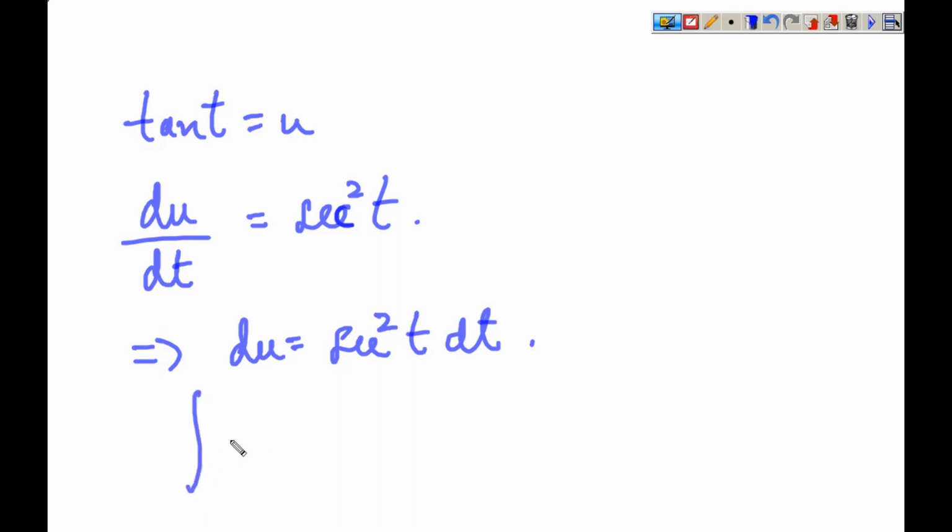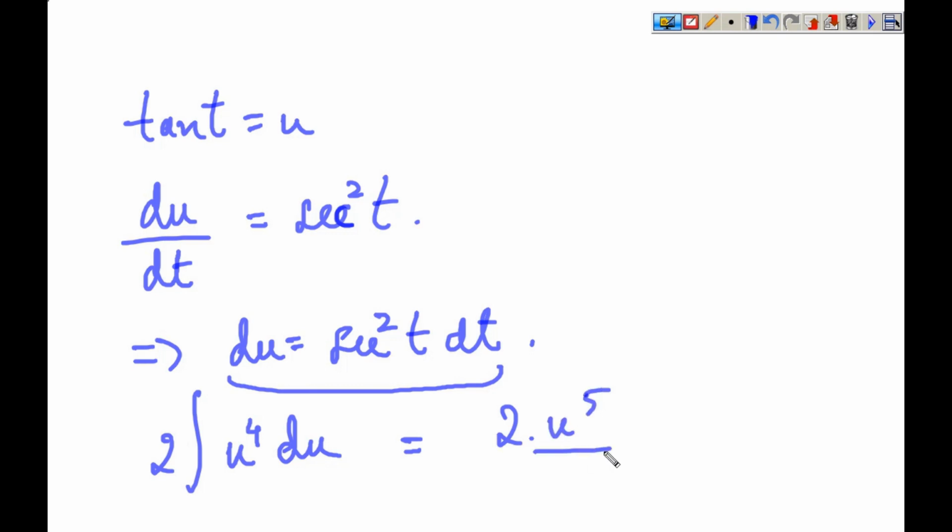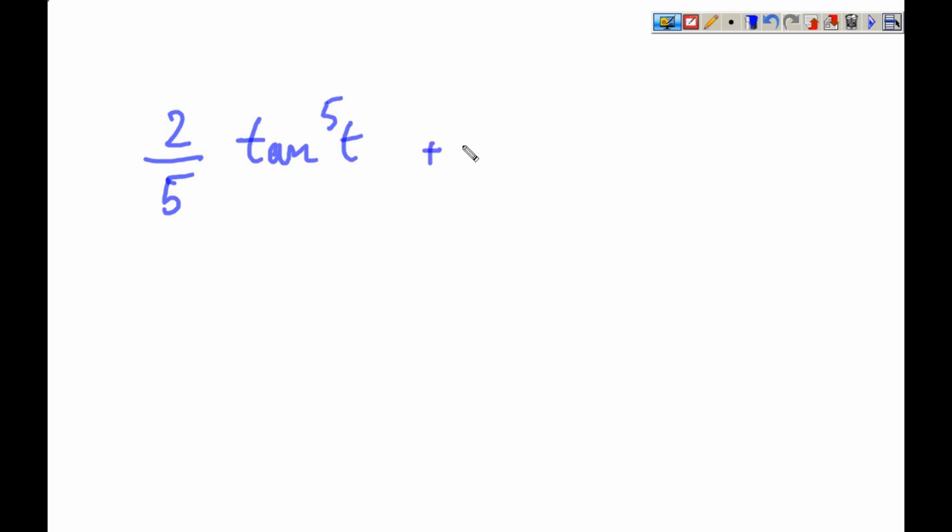We have tan t will be u, so we'll have u to the power 4, and then we have secant square t dt already as du, so we just write du, and 2 is outside. So the integral will be 2 of u to the power 5 by 5, plus c. So back substituting, we get 2 by 5 of tan to the power 5 t plus c.